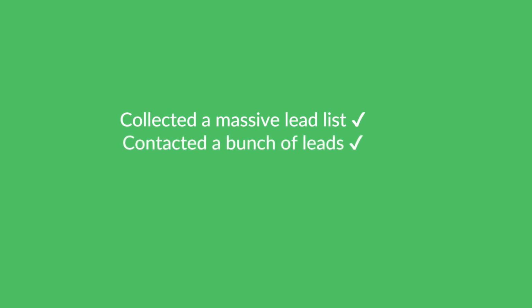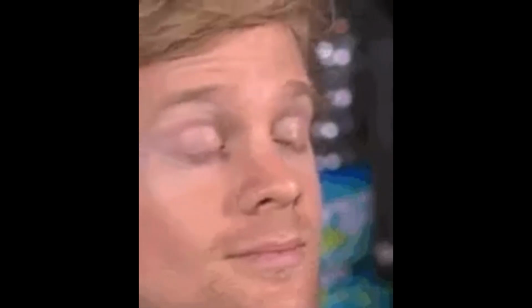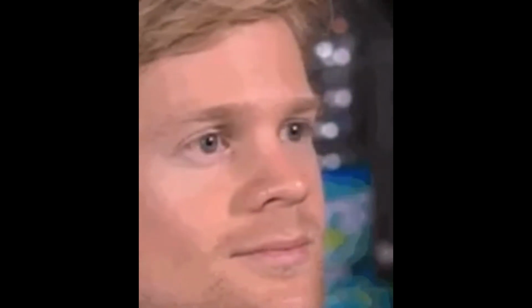Okay, so now let's imagine this scenario. You've collected a massive lead list, you've contacted a bunch of leads, you've pushed through rejection, and you've used your particular offer to encourage your leads to consider your opportunity, and now you have a lead that's interested in your services. Now, the most important thing that you do at this stage is to make sure you're very proactive with taking action on your services. So you don't want to be leaving your leads hanging about what to do.